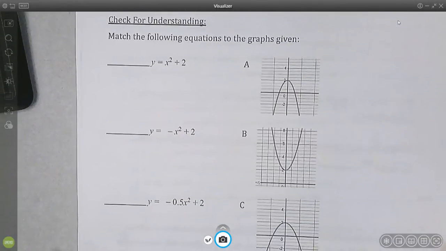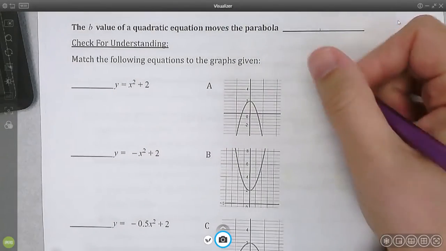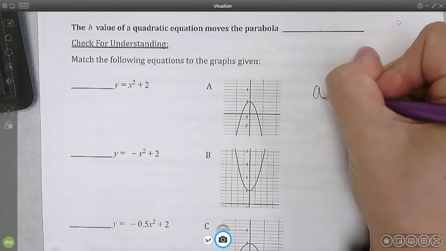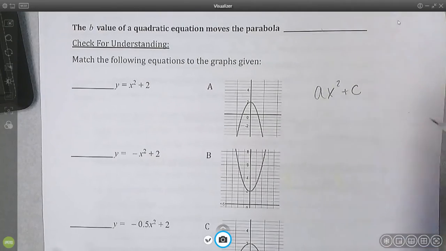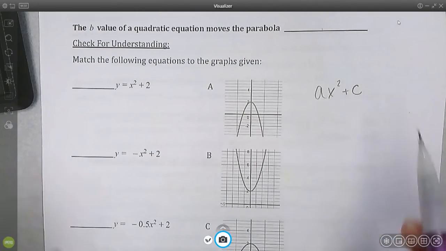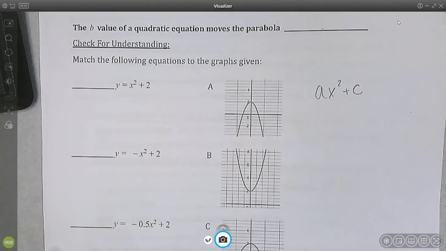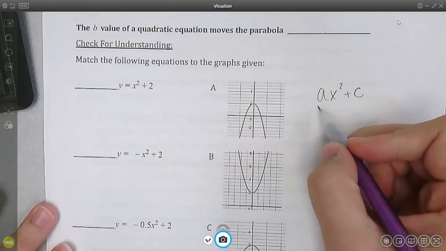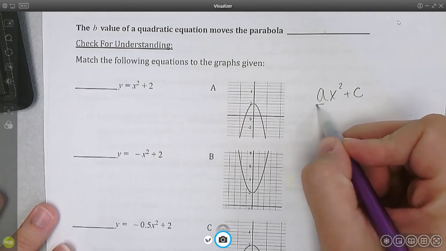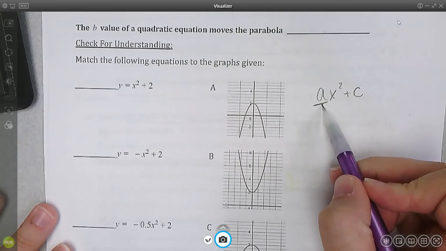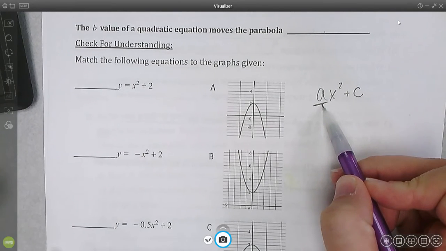So let's just talk for a second. If you have ax squared plus c, we're going to skip the b value for now because the b value moves it all over the place and there's no specific way that it moves. The bigger the a value gets, the skinnier your graph gets.